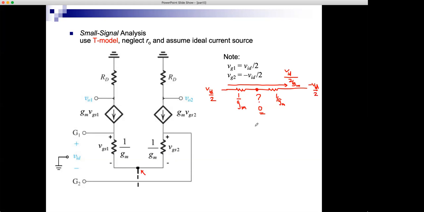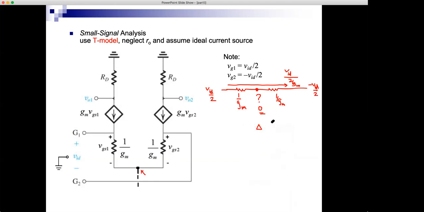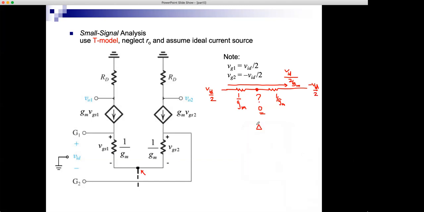Seesaw, you know what the seesaw is, right? The seesaw is like this. When this rises, this falls, and this rises as many centimeters as this falls.